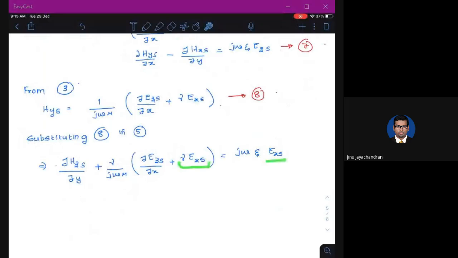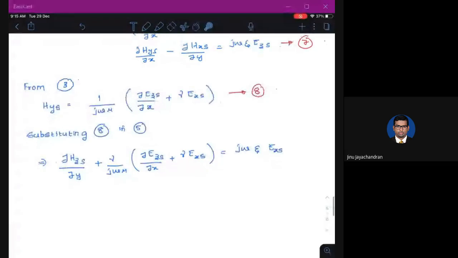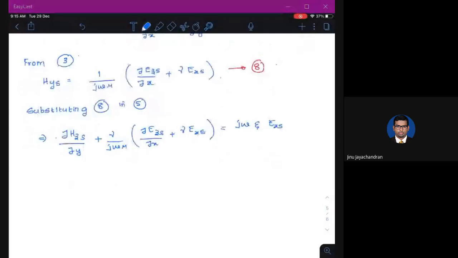Okay. So let's bring it to the other side also. Just group that. But you see that there is γ/jωμ multiplied with γ here, and I need to bring it to this side.